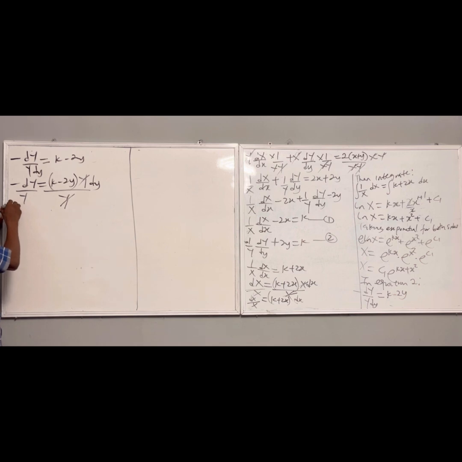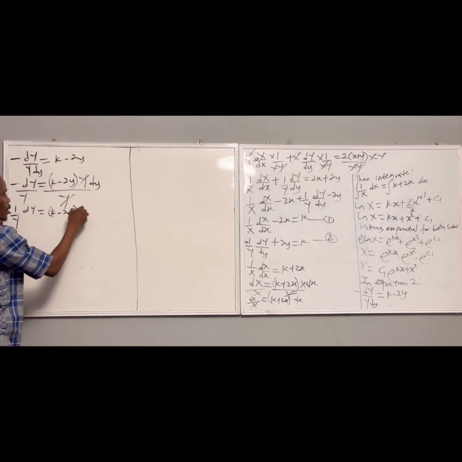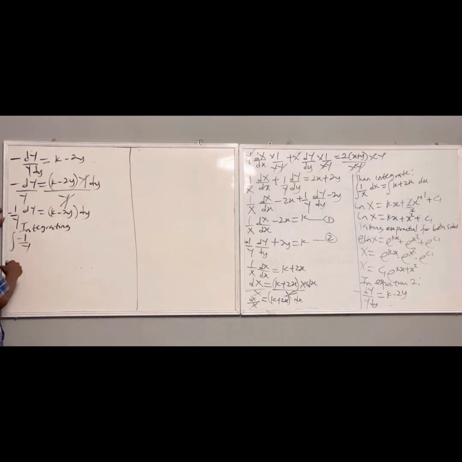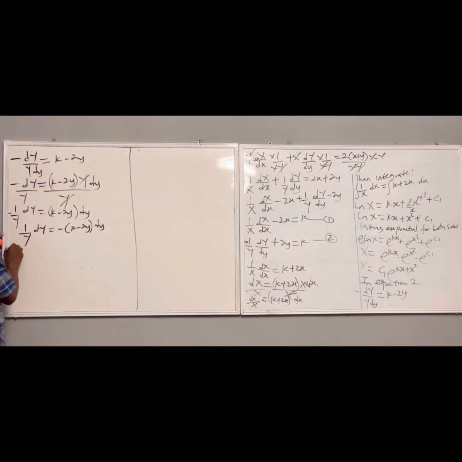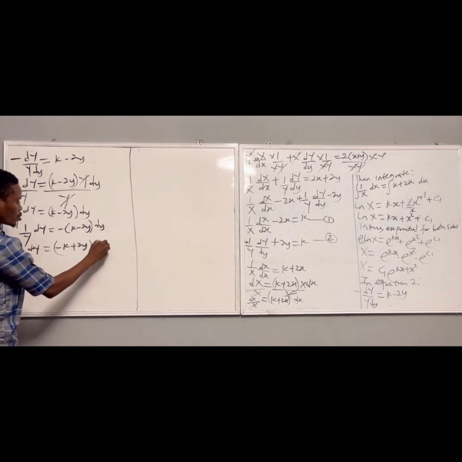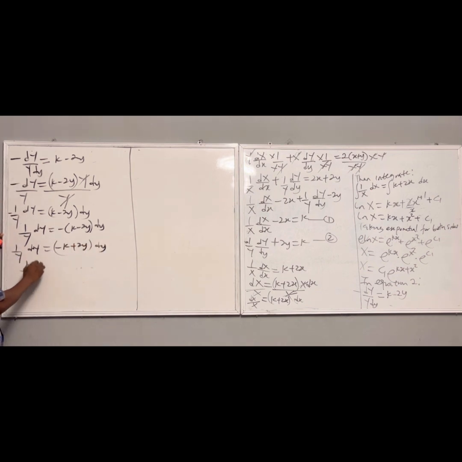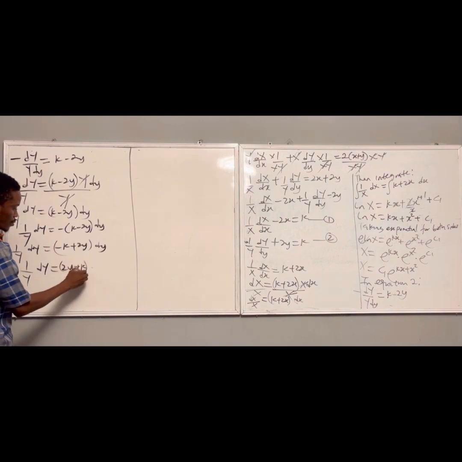So I'm going to have 1 all over y dy is equal to minus k minus 2y dy. So 1 all over y dy is equal to minus k plus 2y dy, so I can say 1 all over y dy is equal to 2y plus k dy.